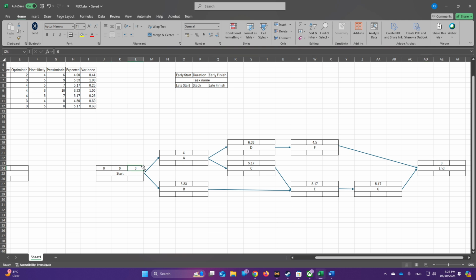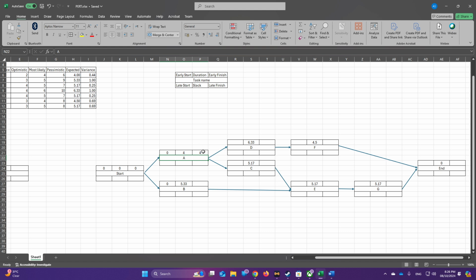We could start from 0 here, and we need to fill early start here. Now to fill it, it is equal to the previous early finish. So this early finish is 0, so we will fill here 0, and also we will fill here 0. Now to find the early finish, you just add the early start with the duration. So it is equal to this plus this.